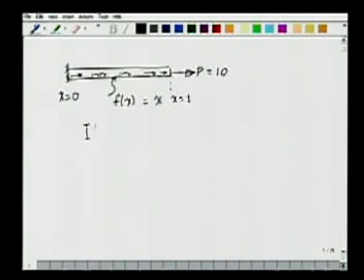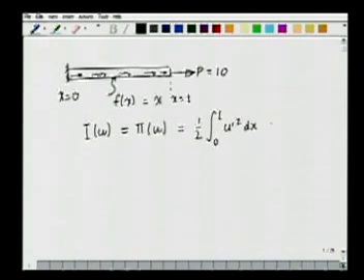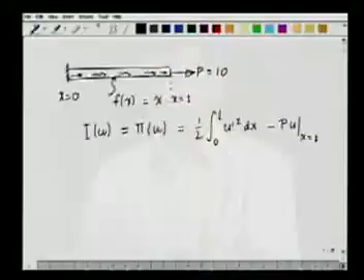We took the so-called functional, which was nothing but the total potential energy for the structure, which was given as half integral 0 to 1 u prime squared dx minus P u evaluated at 1.